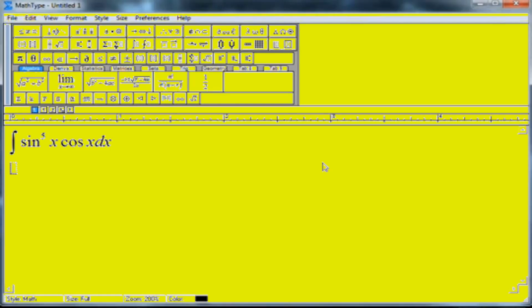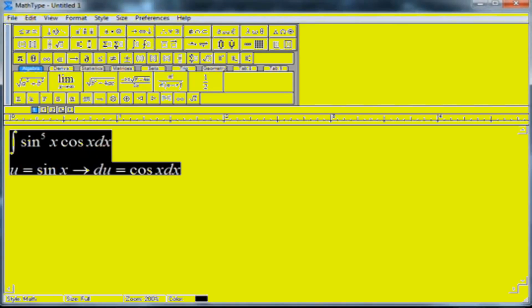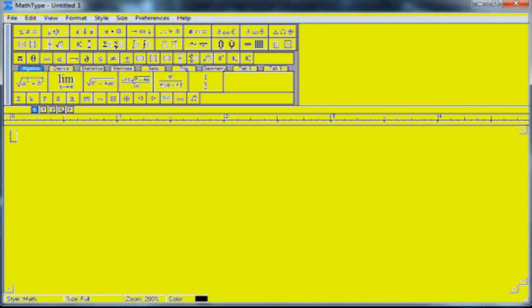Because then here you could just set u equal to sine of x and du equal to cosine of x dx, and then you'll end up with the integral of u to the fifth du, which is easy to do. But these types of integrals are different, and there's really not a single way to do them.